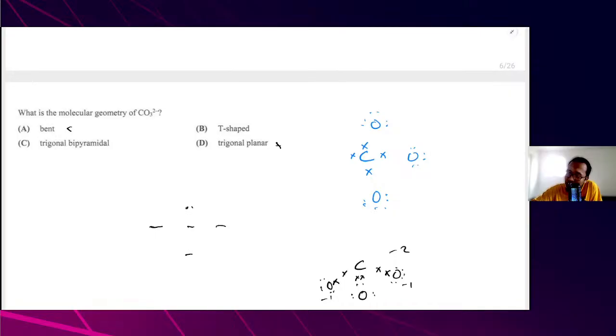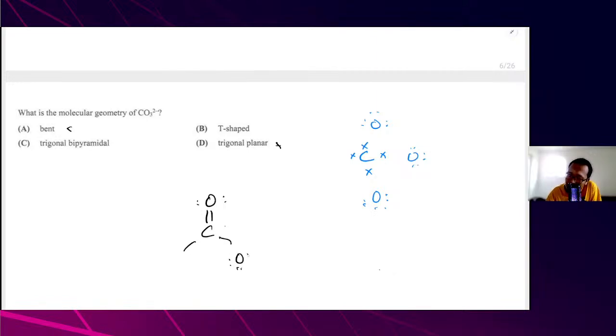So we can rearrange again. C, and then O over here, right? Okay, and then has one again. O. And this is -1, -1.